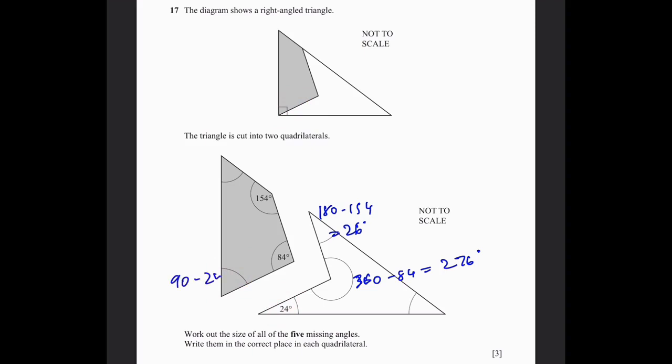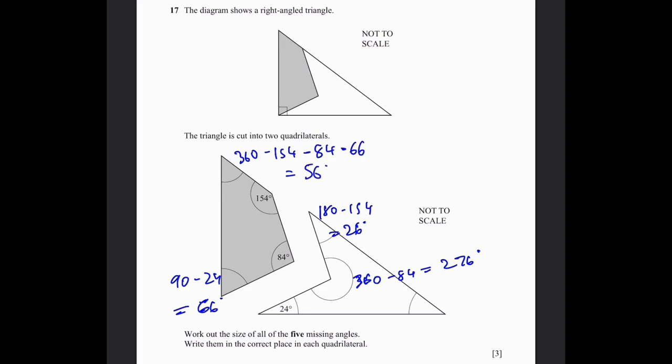So 90 minus 24 is equal to 66 degrees. And now for this angle, we don't have any information on the triangle, but we know that this is a quadrilateral, so we can subtract all the other angles from 360, as angles in a quadrilateral add up to 360. And if you did it correctly, you should get the final answer as 56 degrees.